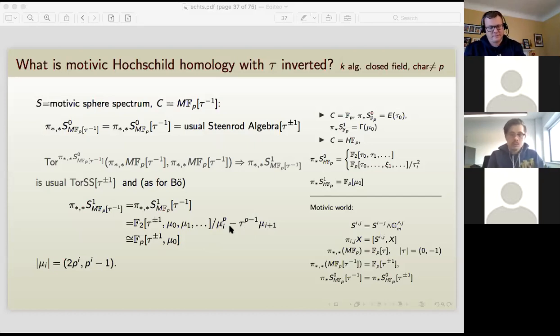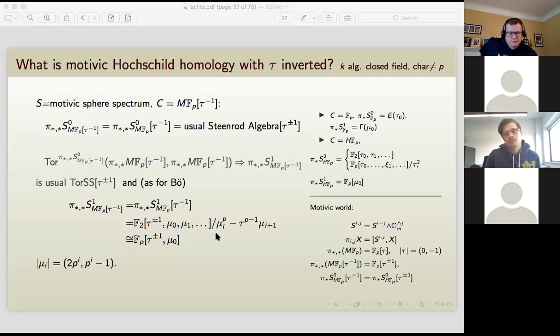So there's a slightly different equation, but that is exactly because we have this tau coming in, and the tau is not living in degree 0, but rather in degree 0 minus 1. So we do recover exactly the same calculation as we had before.